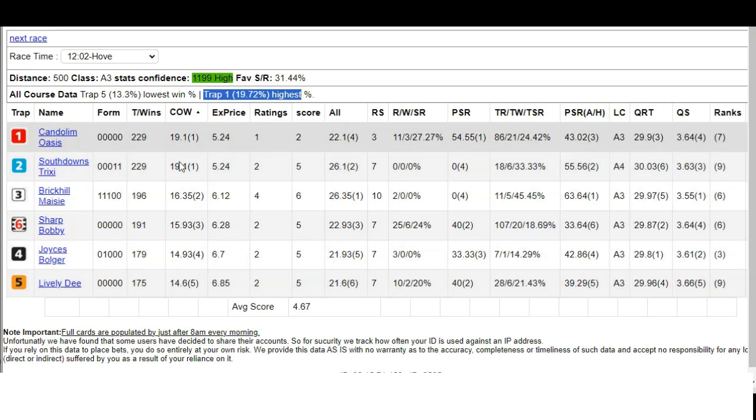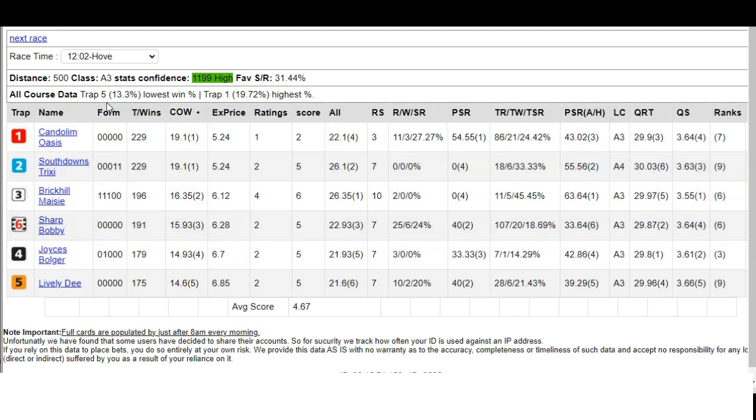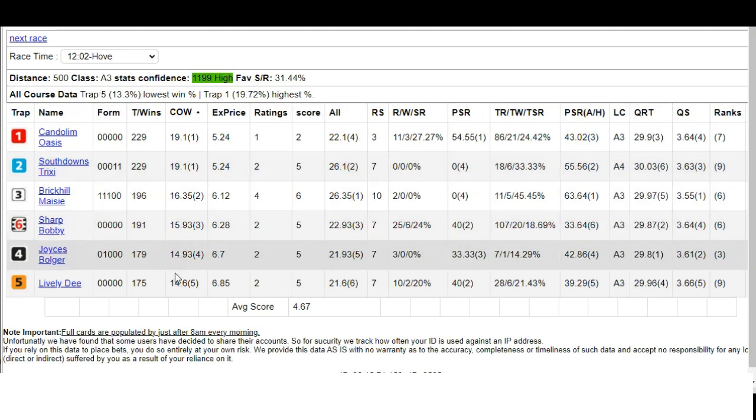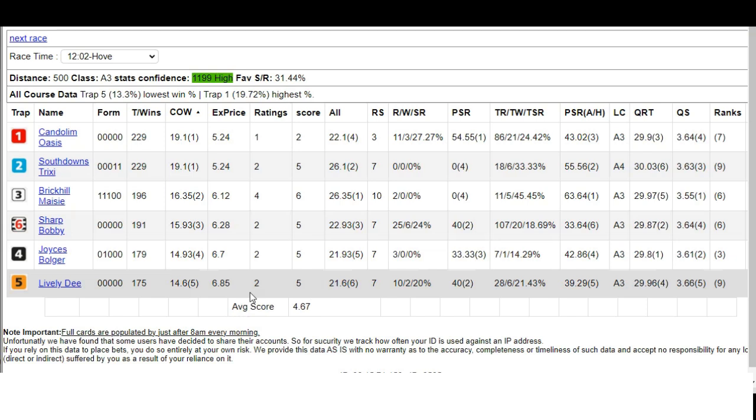So it's based on more specific information, whereas this one is overall which trap wins the most, and it's 19%, so it's a little bit higher than that. And the lowest is trap 5 at 13%, so it's kind of a range, slightly higher and lower. So we want to be on 1, 2, 3 and 6.